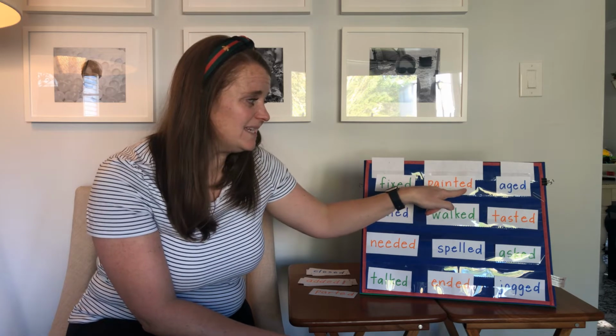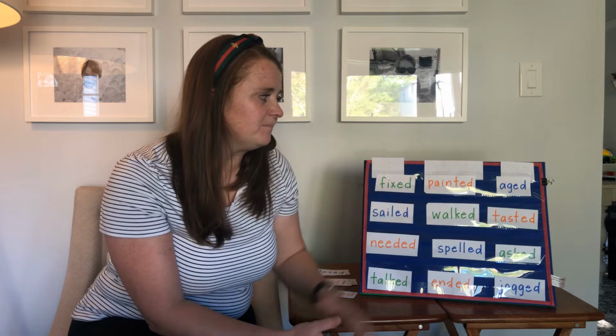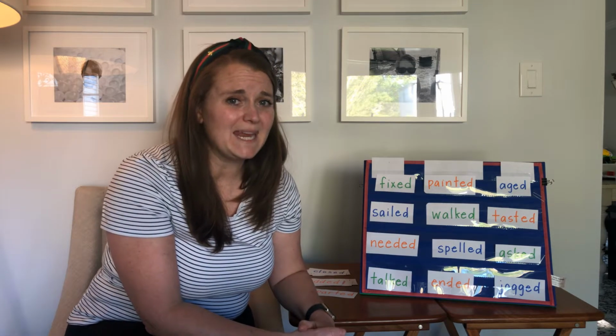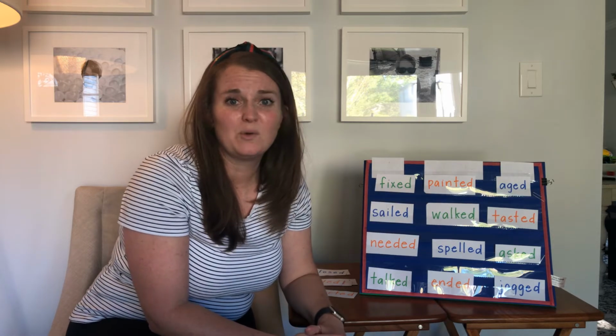Again, there's that ed ending, but when I say that ending, it sounds like id. Aged. When I say that word aged, that ed at the end just sounds like the letter d sound, like d.